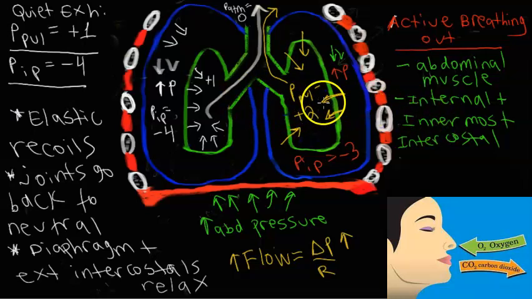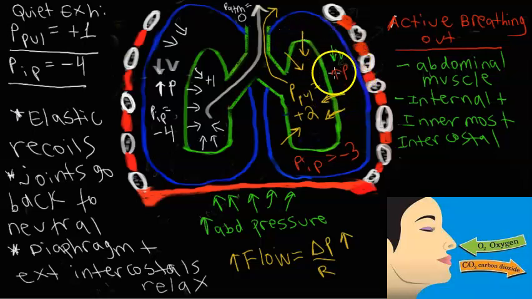So overall, you have a decrease in the thoracic volume. So the chest wall is gonna decrease in size. It's gonna pull the parietal pleura with it. The intrapleural cavity, the volume there is gonna decrease.